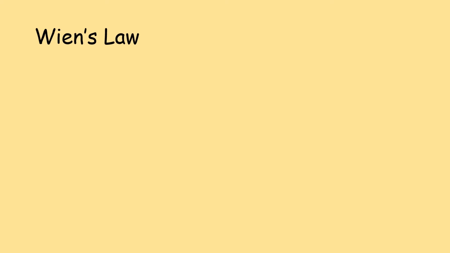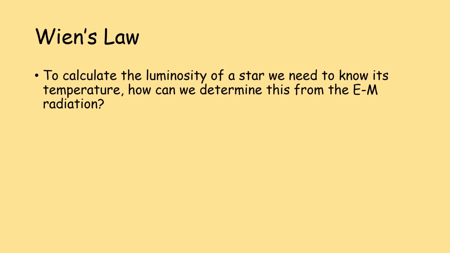So how do we determine what the actual temperature of the stars are? And this is where we go back to that curve with the blackbody radiation, and we use Wien's law. To calculate the luminosity of a star, we've got to know its temperature. We've just used the Stefan-Boltzmann constant, but how can we determine that using just the electromagnetic radiation?